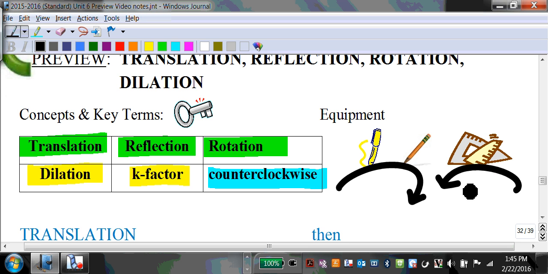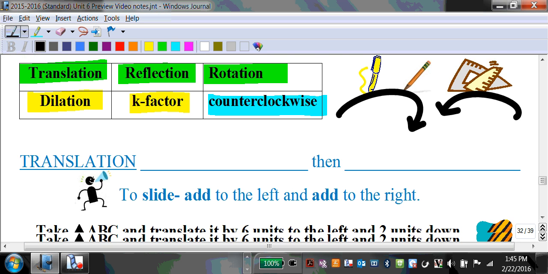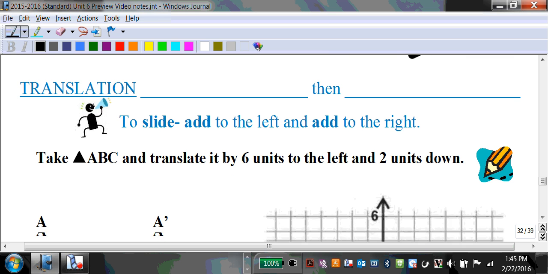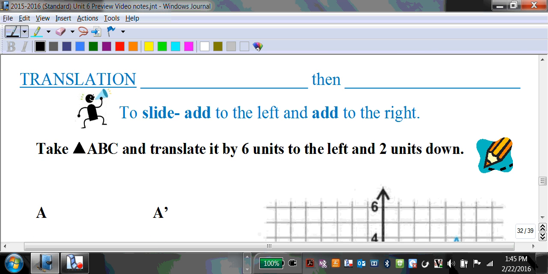Let's start with the simplest of this, and this is translation. Let me give you the math, and then we'll do it. Translation means you slide. So you start with a point. Then you have horizontal motion. We'll call H for horizontal and V for vertical.